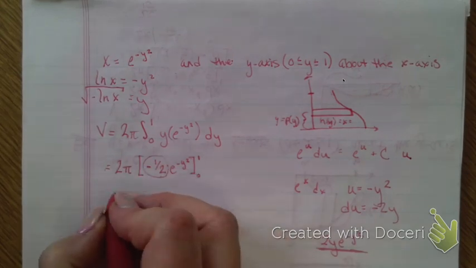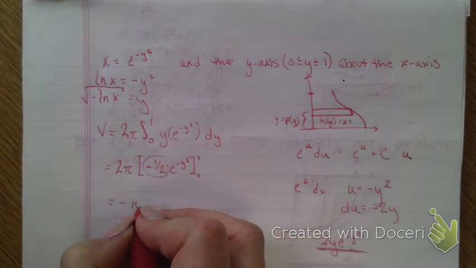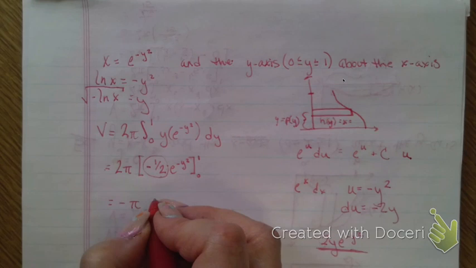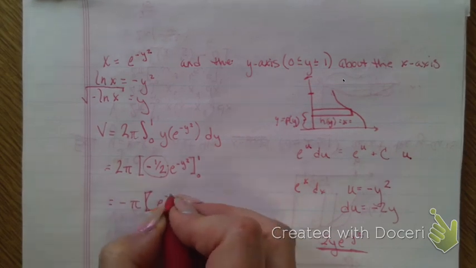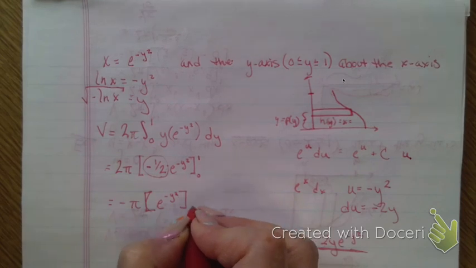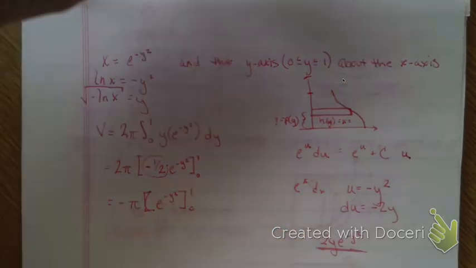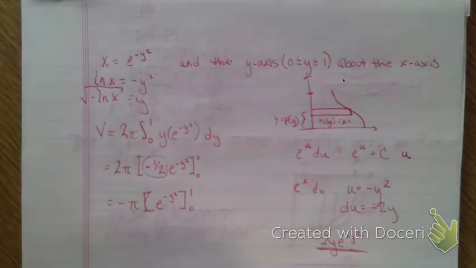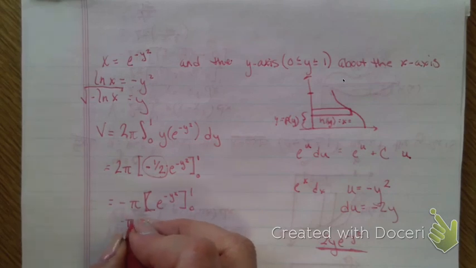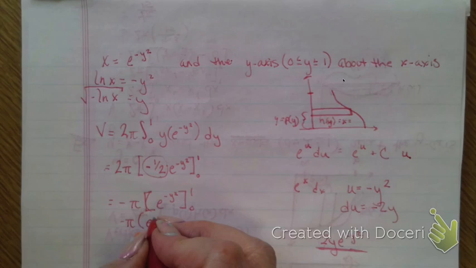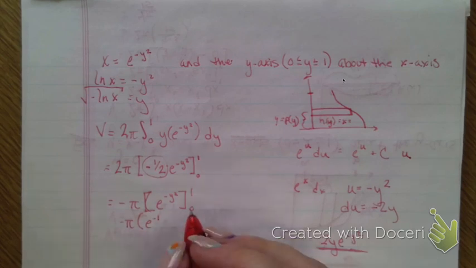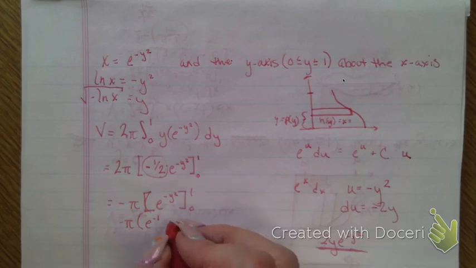So that just gives me negative pi, and I have e to the negative y squared from 0 to 1. If I plug in 1, I get e to the negative 1. If I plug in 0, I get e to the 0, which is 1.